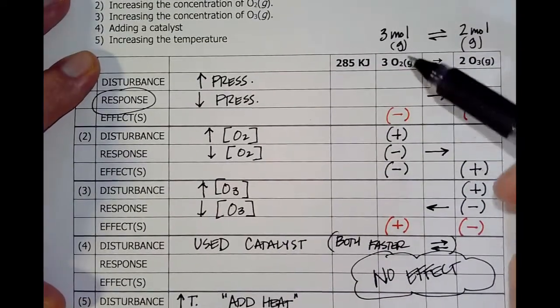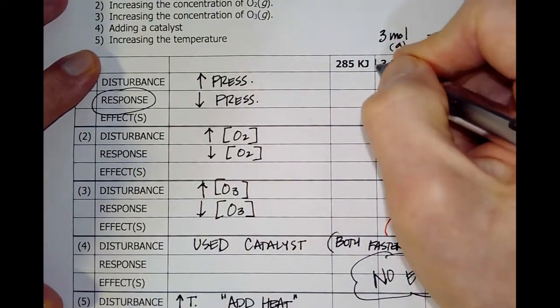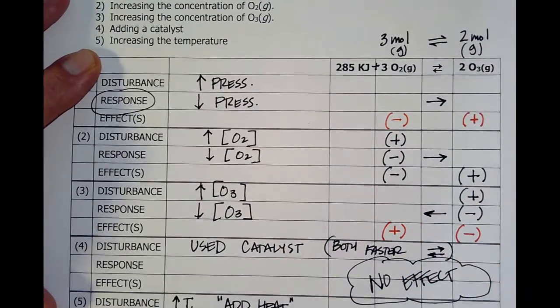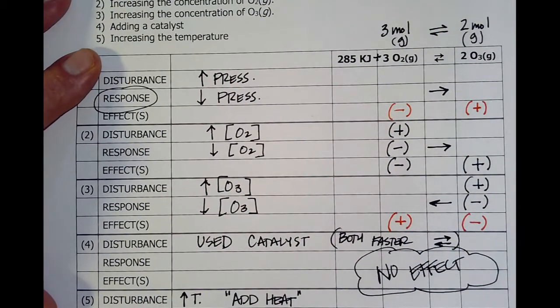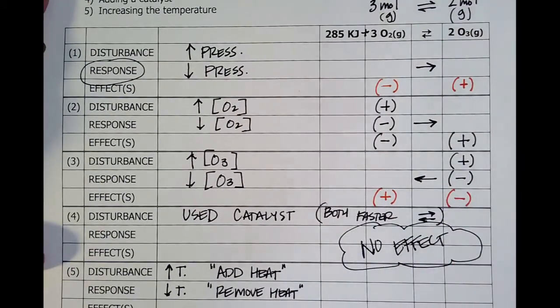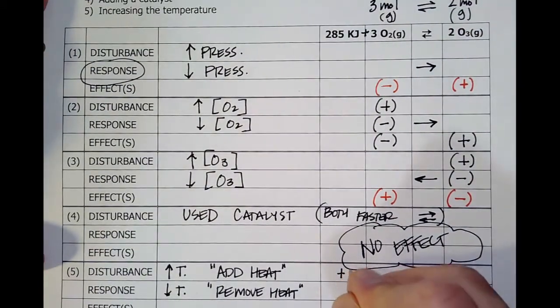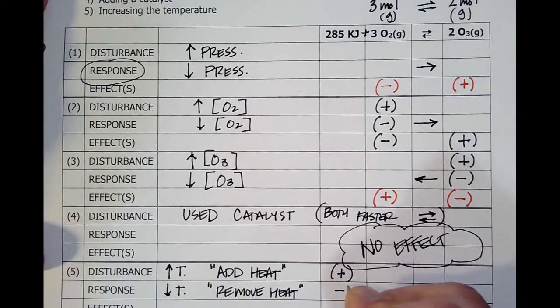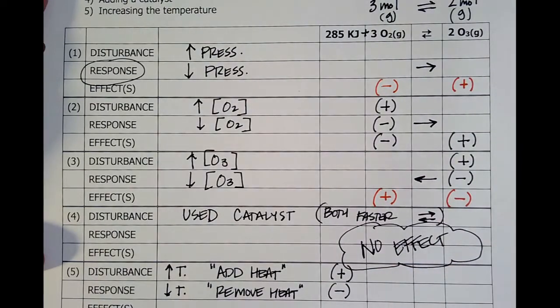Well, there's my heat term. Since this was endothermic, I put the 285 kilojoules right there. So I can say, if I want to remove the heat that was sort of added, I want to remove the heat.